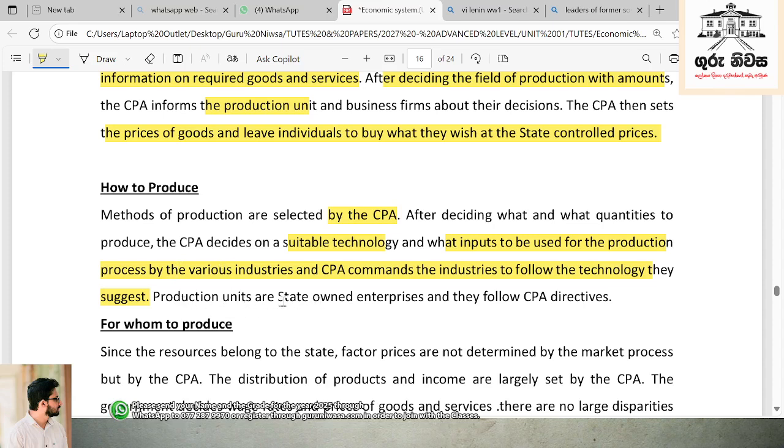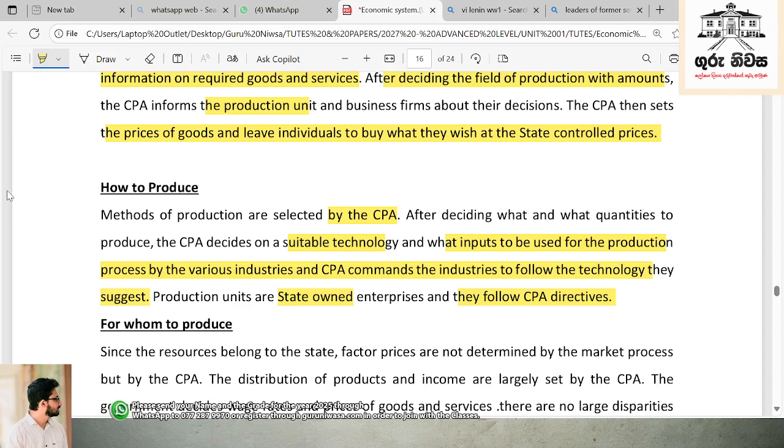Production units are state owned government enterprises and they follow CPA direction. This system is very inflexible. But the market economic system is very flexible. According to signals given by the price mechanism, prices or market, they try to change their decisions. Very flexible, but this economic system is highly inflexible.